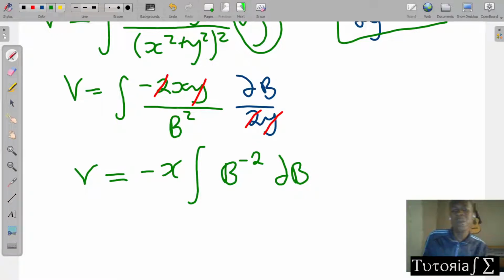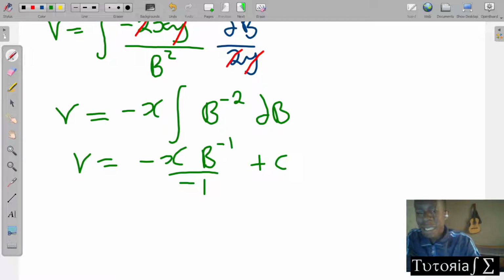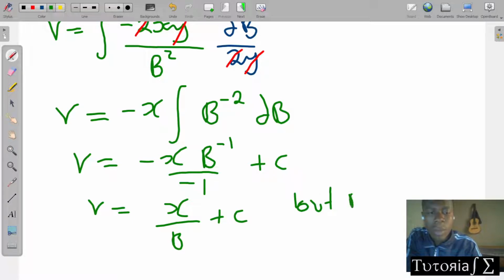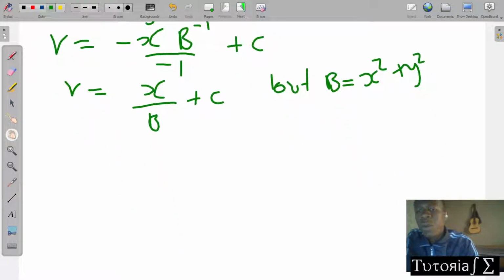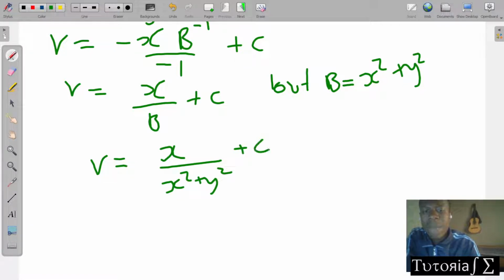Integrating this and simplifying, v will be equal to positive x over b plus c, but b was equal to x squared plus y squared, so we can replace that back, meaning that our v will finally be equal to x over x squared plus y squared plus c. And we are done like that. So that is how we approach that one.